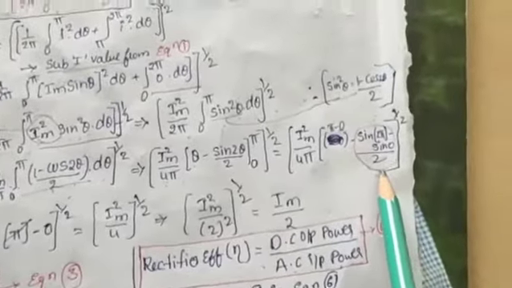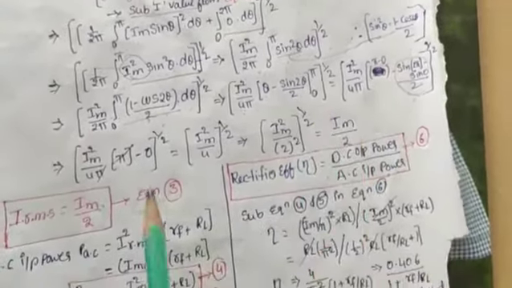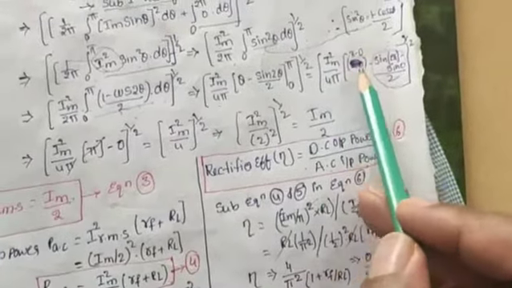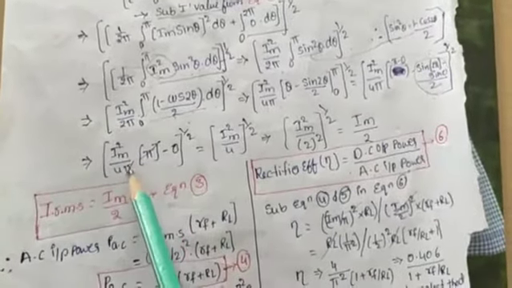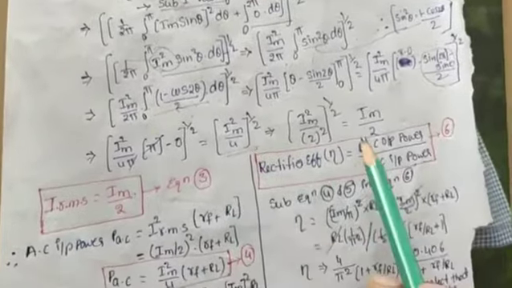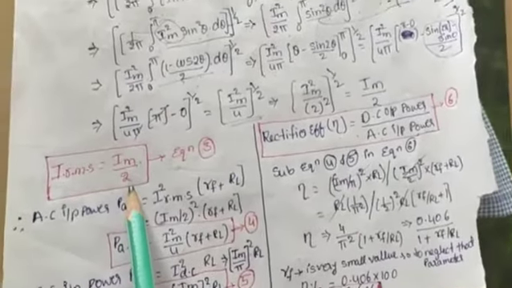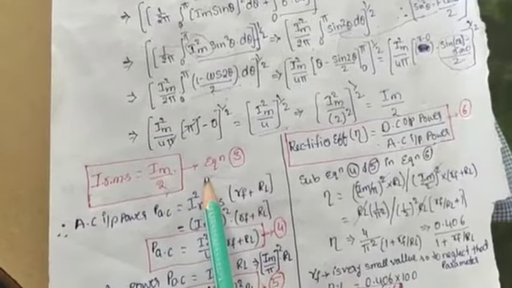Here π minus 0, the entire equation is 0, so π gets cancelled. After that you simplify this equation, so finally we get the RMS value. RMS value is equal to Im by 2. This is equation number 3.